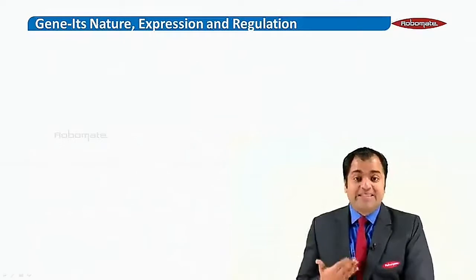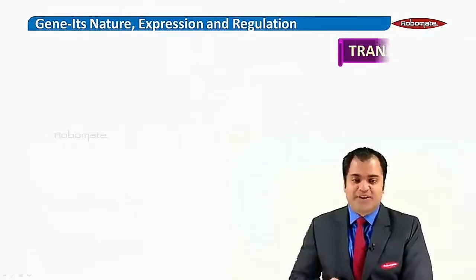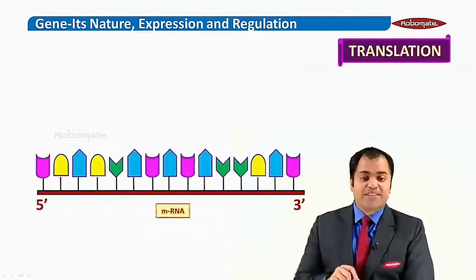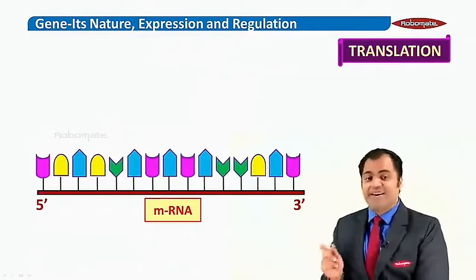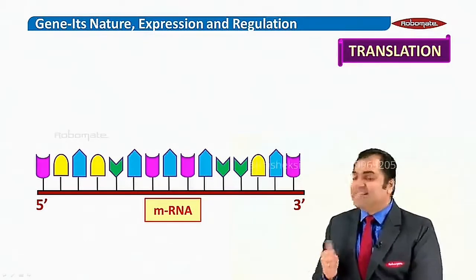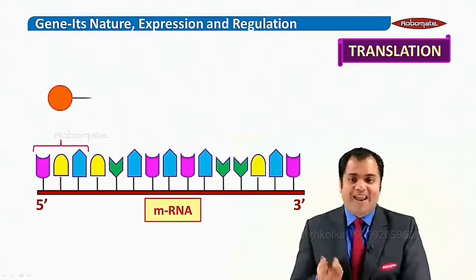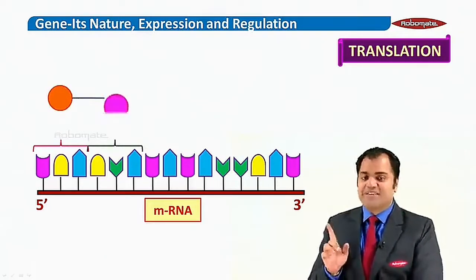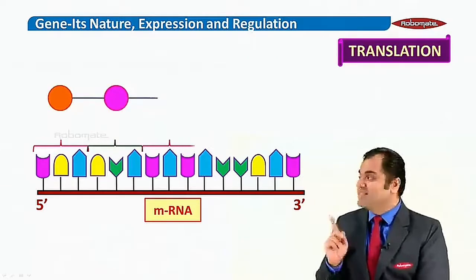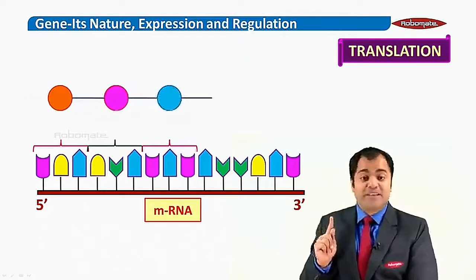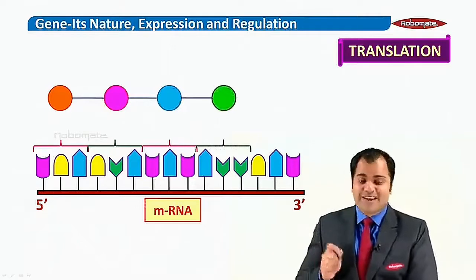Moving on. Let us understand how it happens in short. The process of translation basically involves the mRNA strand, right? And this mRNA strand is made up of what? It is made up of codons. And recollect, a codon specifies an amino acid. And you can see how codons are specifying amino acids. Is that okay?